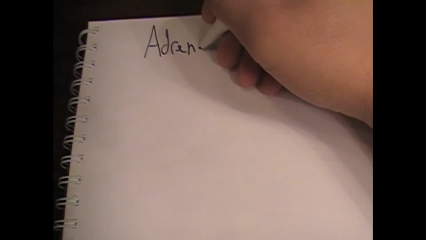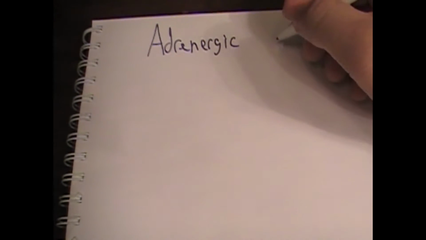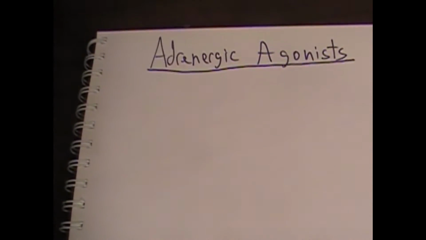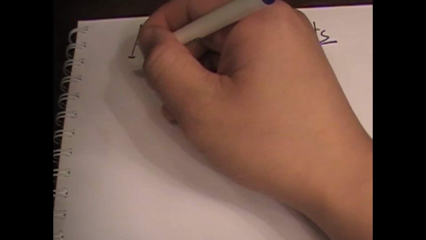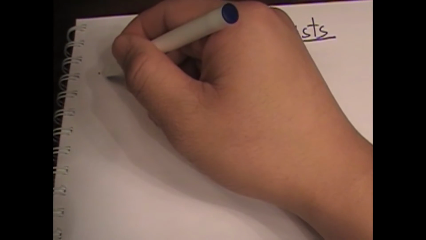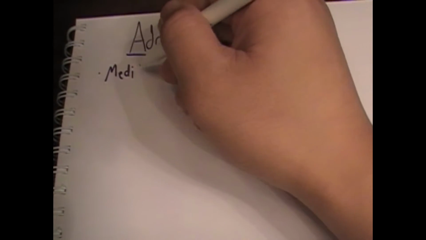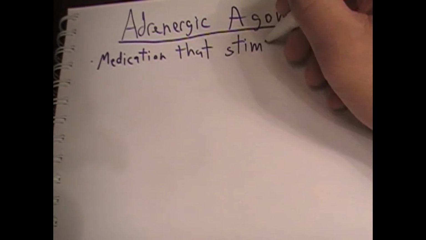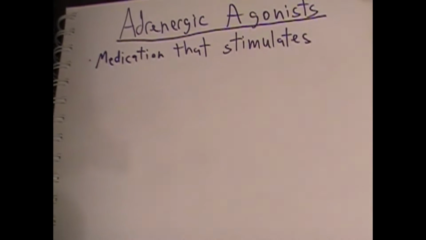Alright, so now we are going to break down what the adrenergic agonists are. I'm going over what it is, different types, the receptors, and what medications fall into each of the classes. So first off, adrenergic agonists are medications that stimulate, and I'm just going to abbreviate it with AA, adrenergic agonist receptors.